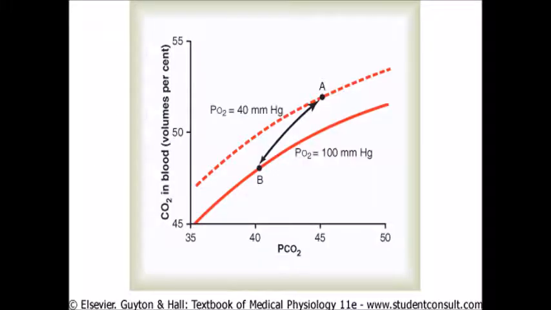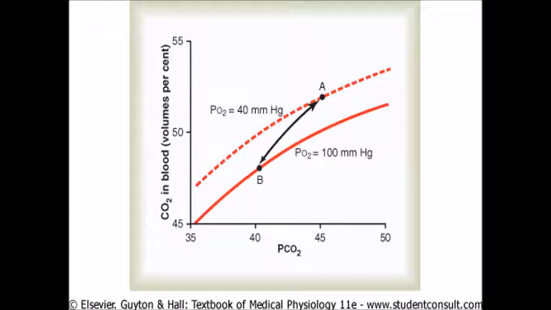Now this diagram is showing the importance of Haldane's effect. On the x-axis we have PCO2 level. On the y-axis we have volume percentage of carbon dioxide in the blood. Now you can see two curves, dotted curve and bold curve.